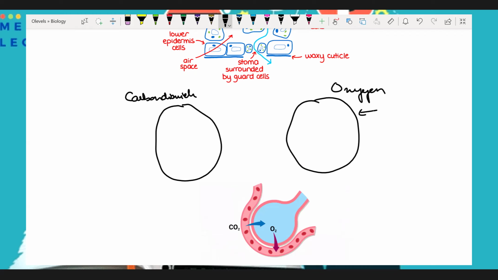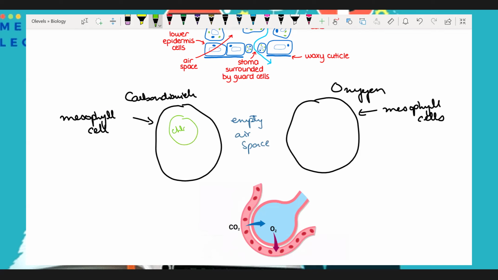Let me write it down. One mesophyll cell and this is the other mesophyll cell. Now you can see empty space, air space between them, right? And consider here we have the chloroplast. Here we have the mitochondria.